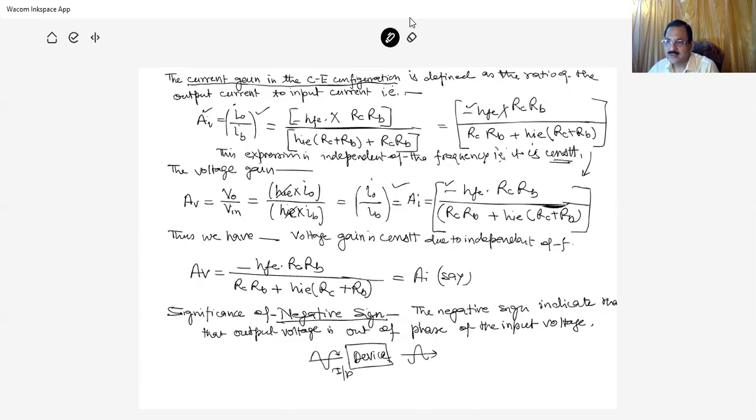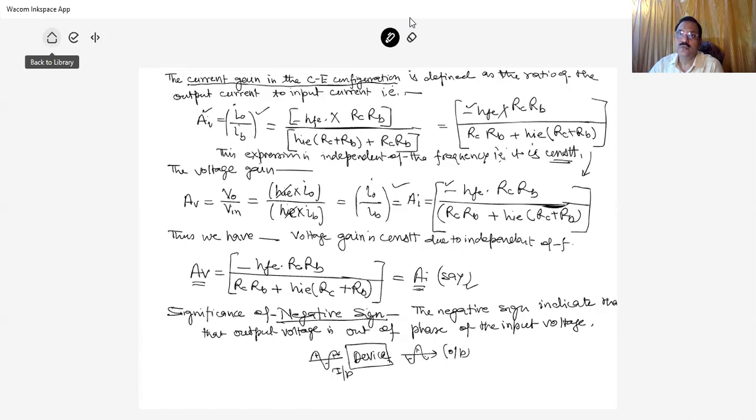Here it is positive, negative, positive, then it is negative, positive, and negative. This is the output part. So this negative sign gives the concept that the output is out of phase with the input. This is also clear from this expression, and the voltage gain is the same as the current gain.